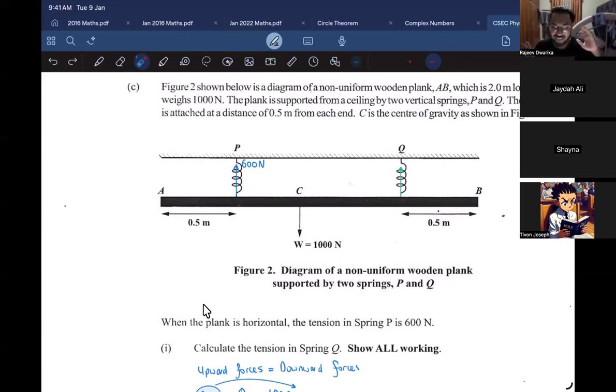All right, so guys, would you all say that this is uniform? Yes or no? No, sir. What is making this not uniform? The heavy thing on the side. Siobhan, language, or I will remove you from these meetings. For those who don't know, Siobhan is my partner from university.